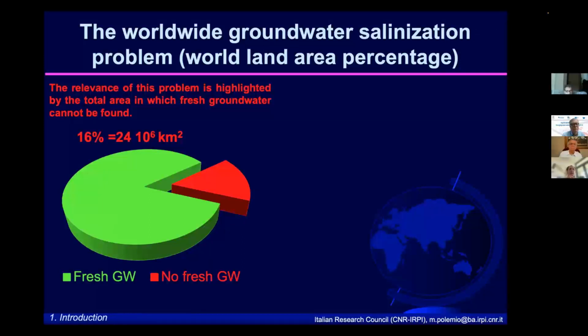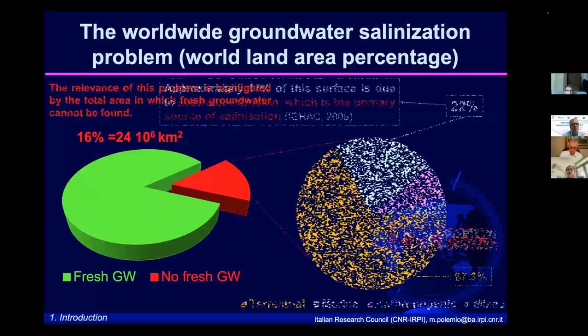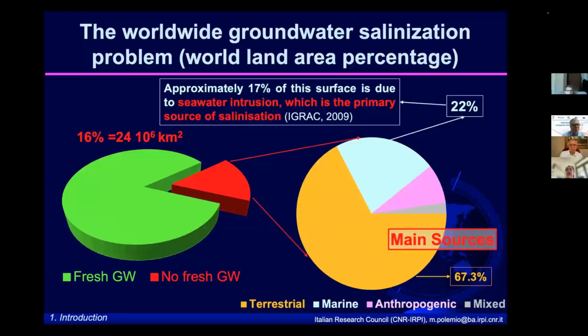It was assessed that more or less 16% of the Earth's surface can be recognized as an area in which there is no fresh groundwater, only saline or brackish groundwater. The sources of salt are different, but the main one, approximately 17% of this surface, is due to seawater intrusion. That is considered the primary source of salinization for groundwater.